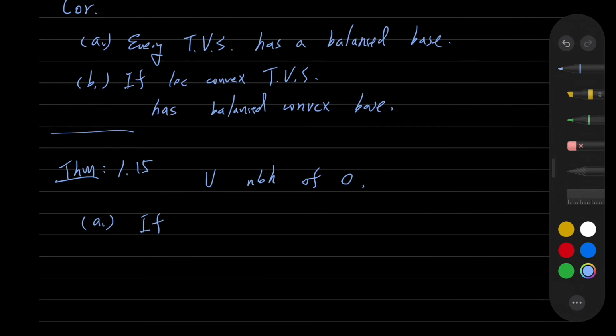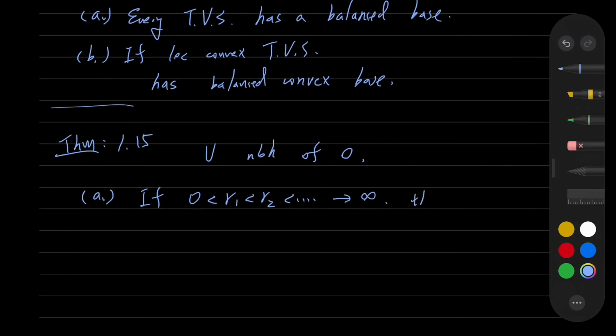First, let r_n be a strictly increasing sequence that goes up to infinity. Then X, the whole space, is covered by these neighborhoods r_n V, from n = 1 to infinity.